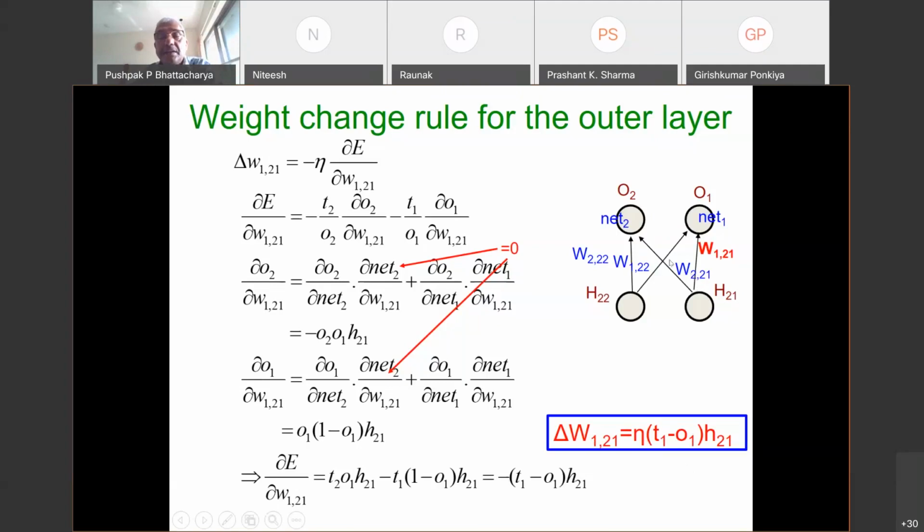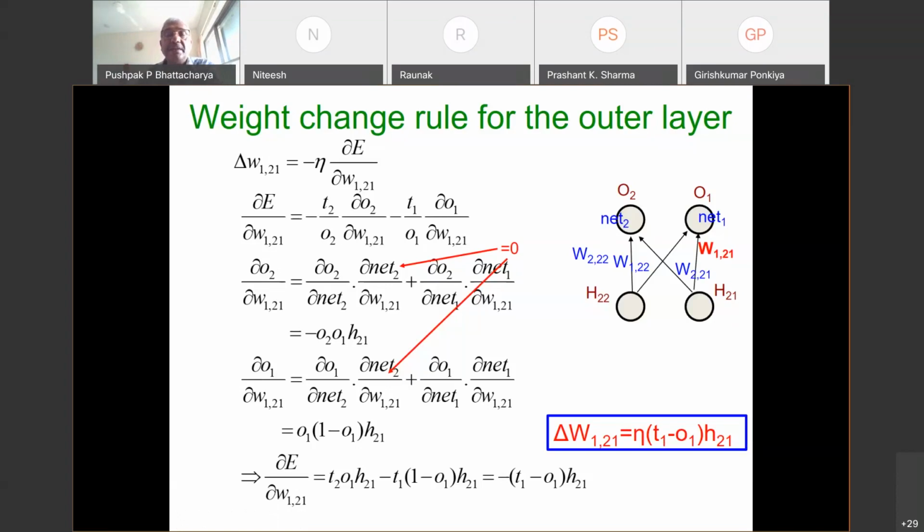Okay, and though we are showing it for only 2 neurons, this is a general rule which applies to all dense networks for the connection going to the softmax layer. For the connection going to the softmax layer, the change in weight is the learning rate into the difference of target and output, or target and observed, and the input arriving at the connection.